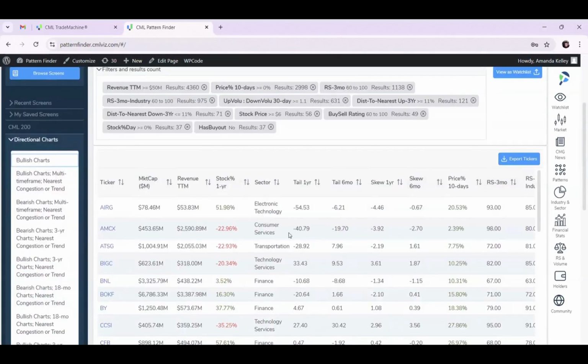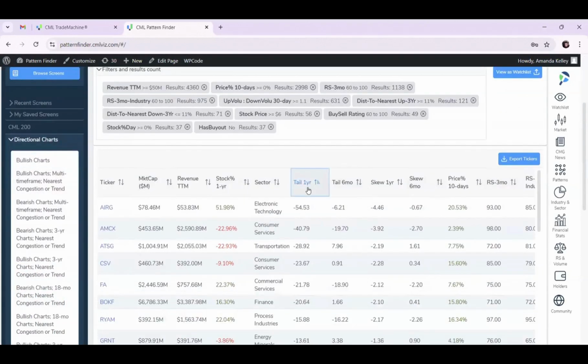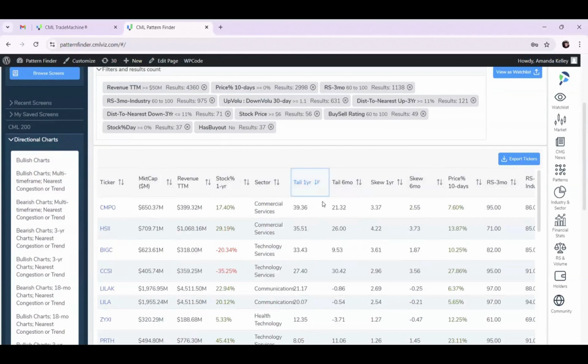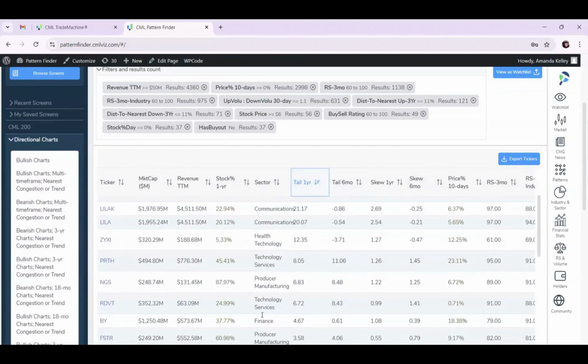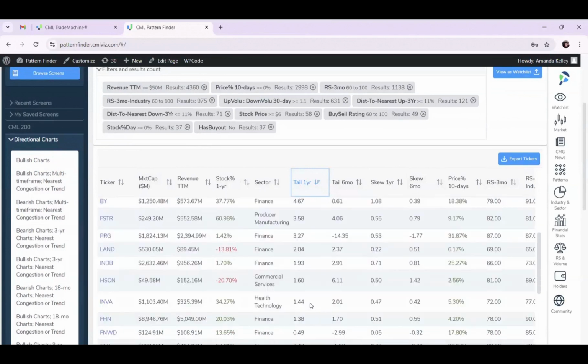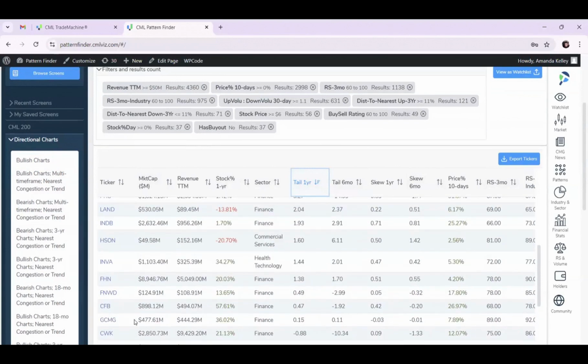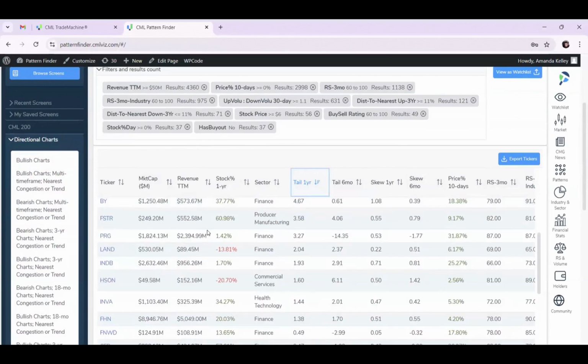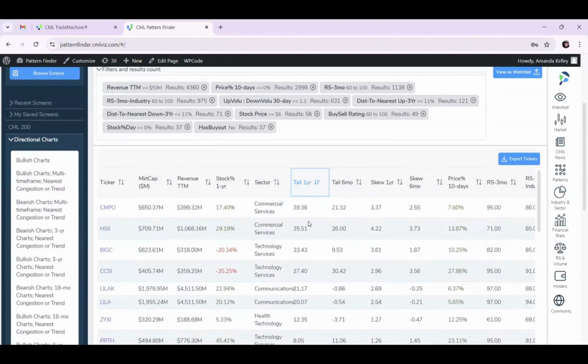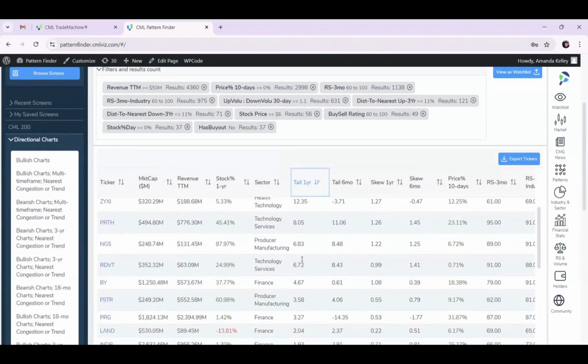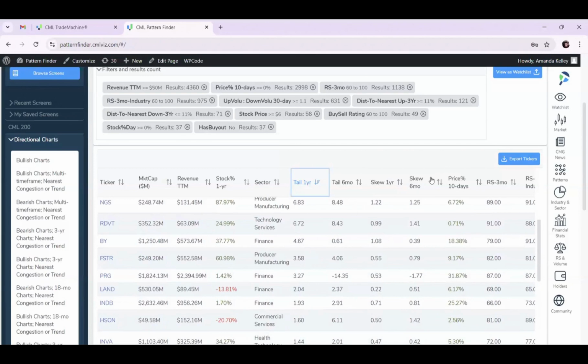I then like to filter based on positive kurtosis.